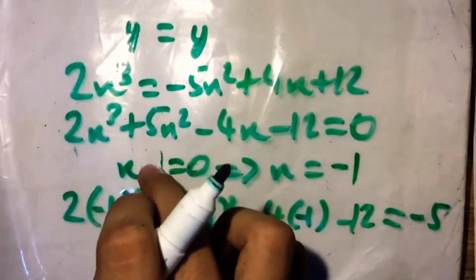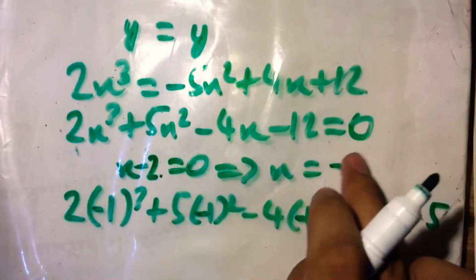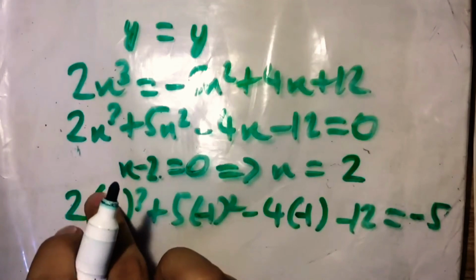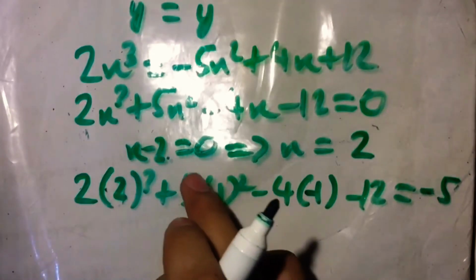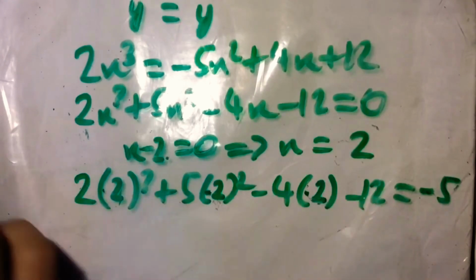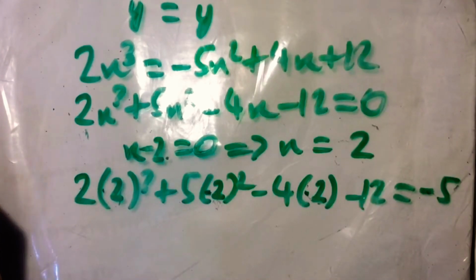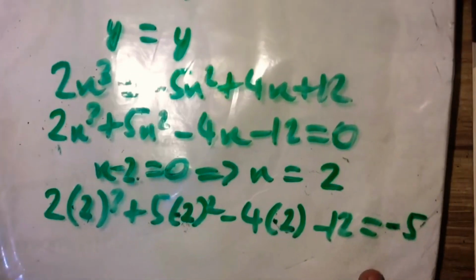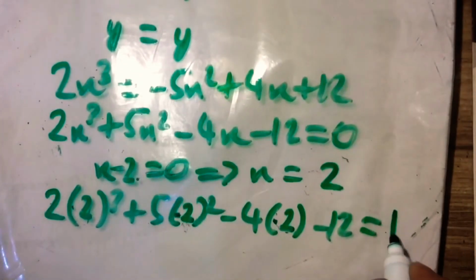Then we'll take x minus 2, this will come 2. This is coming equals to 16.